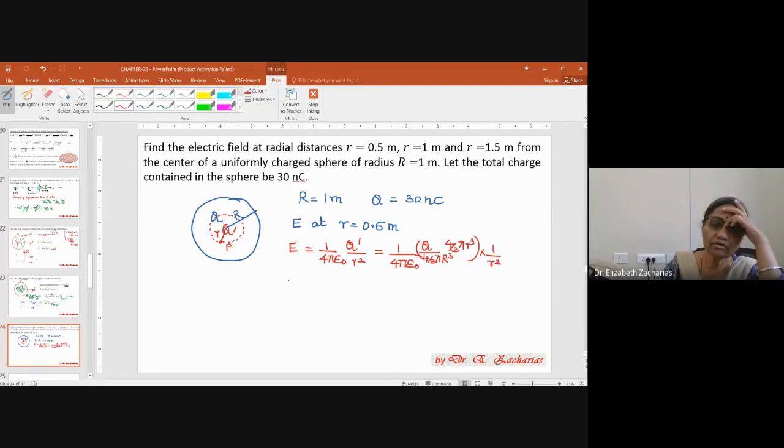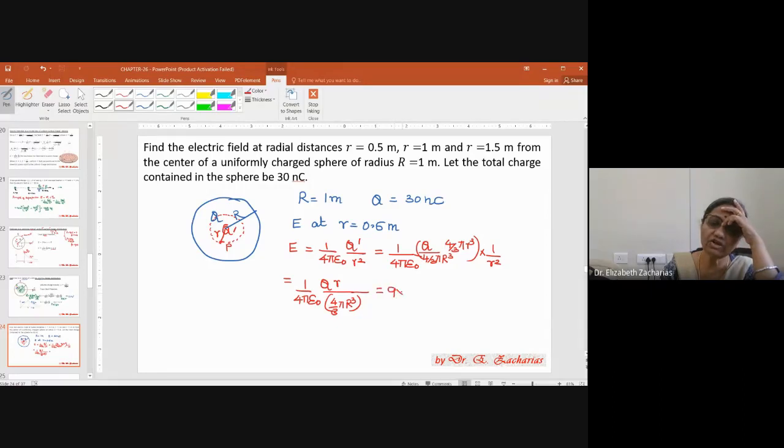Or this becomes 1 by 4 pi epsilon naught, then capital Q r by 4/3 pi capital R cube. So this is what is going to be the answer.